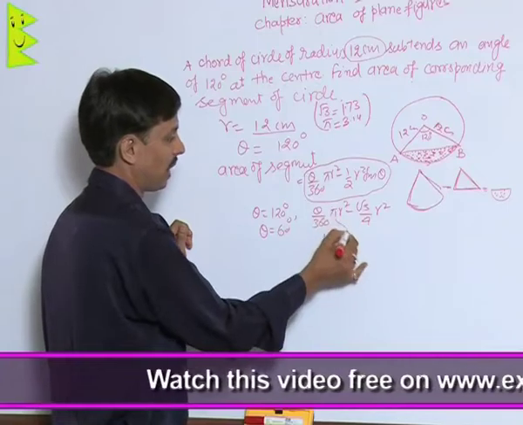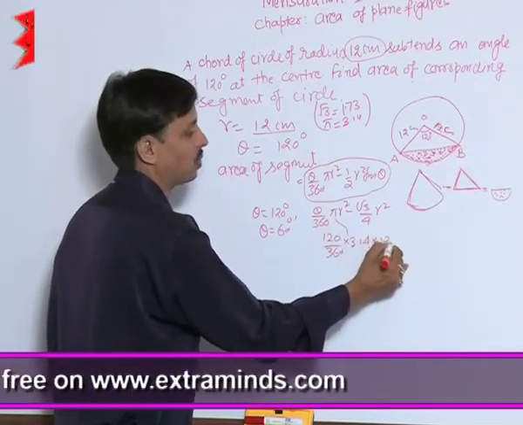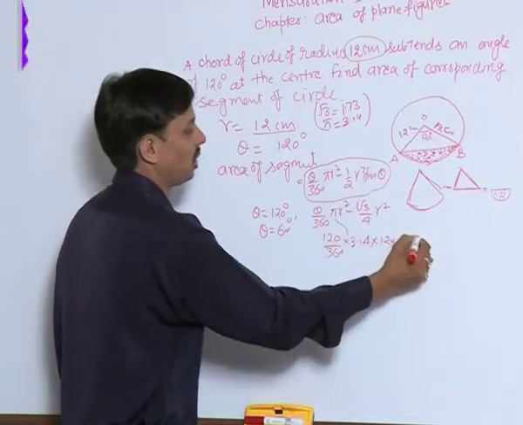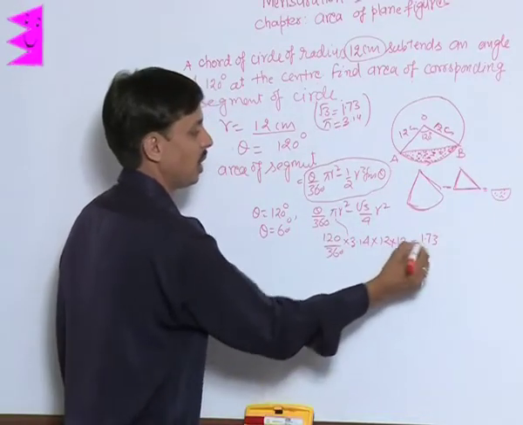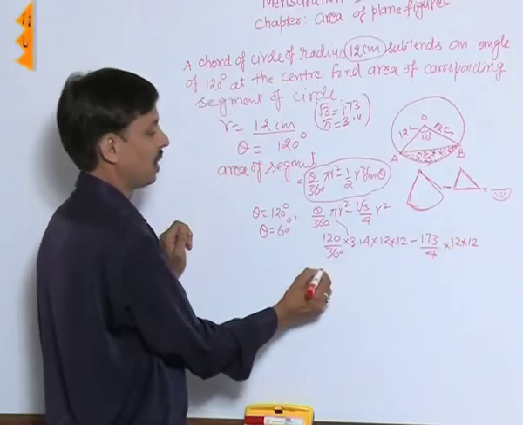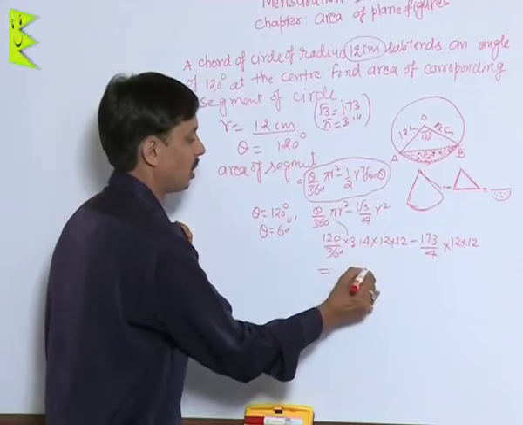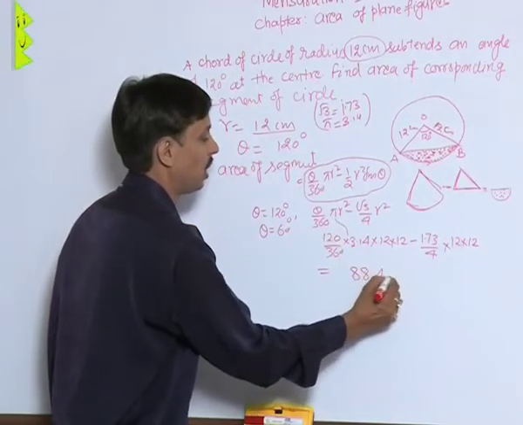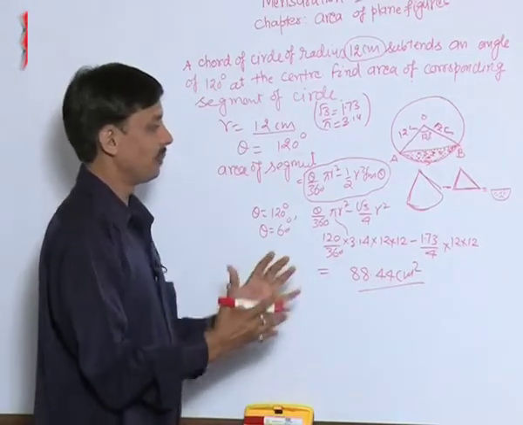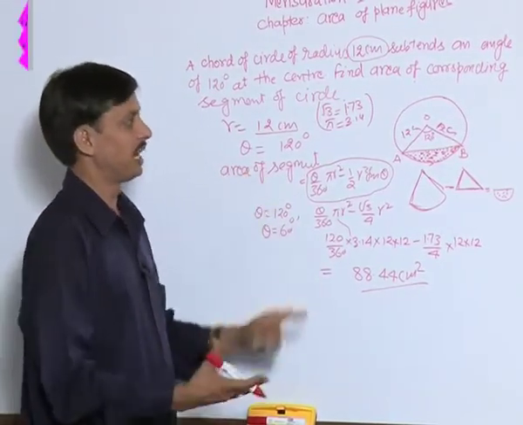So in place of pi, I can write 3.14, and radius square means 12 into 12, minus root 3, the value of root 3 is 1.73 upon 4, r square means 12 into 12. After simplification, we will get the area of segment as 88.44 centimeter square.